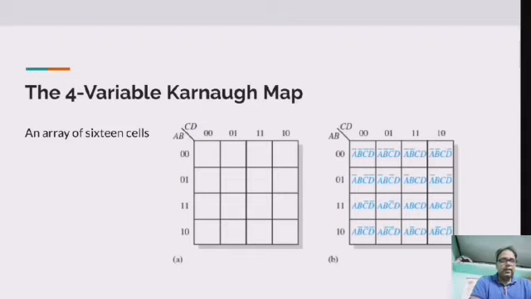We can see the rightmost upper corner cell will have the binary value 0 0 1 0, because against that 0 0 has been written for variable AB, and for CD, 1 0 has been written on the top right corner. So like that we can write down the values.